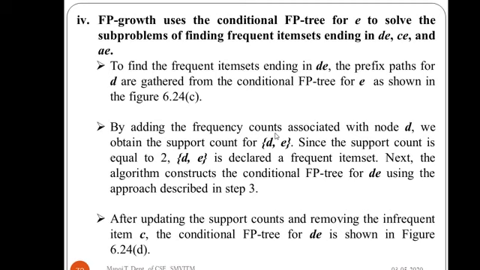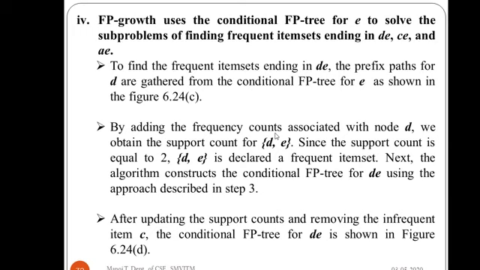Then you convert that prefix path into a conditional FP tree. While converting, first you update the support count for the particular node, seeing the transactions containing it. It may be A, B, C, D, E, like that.